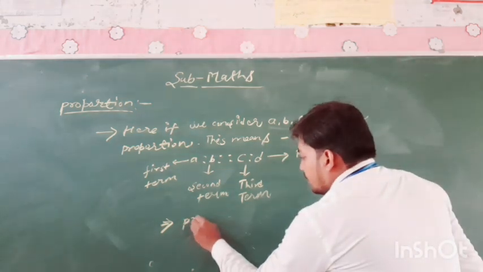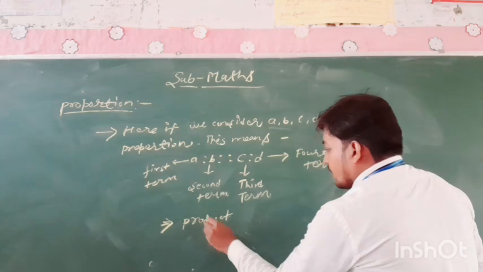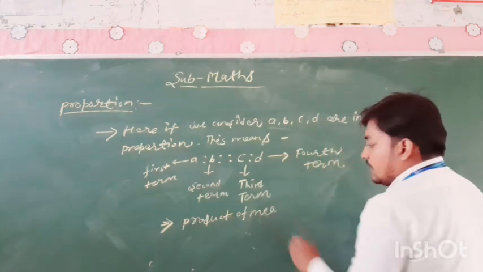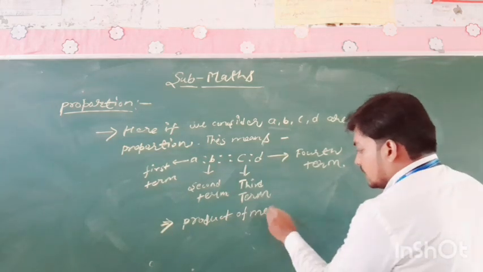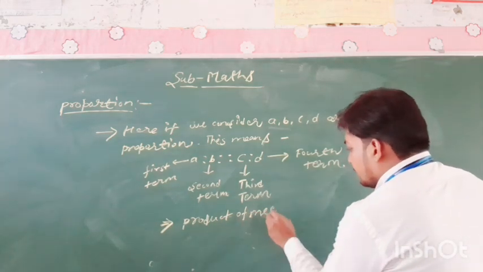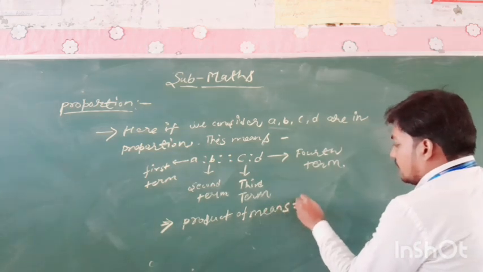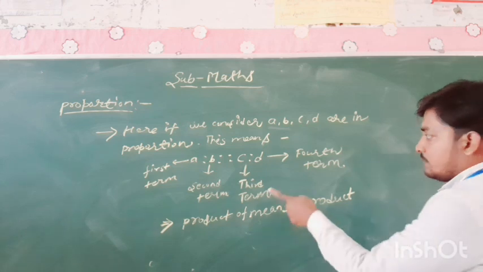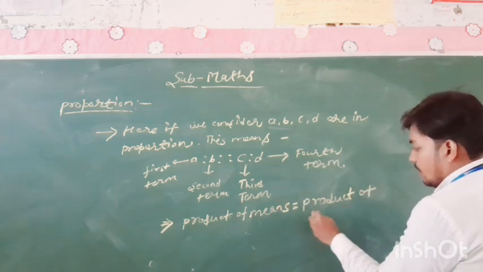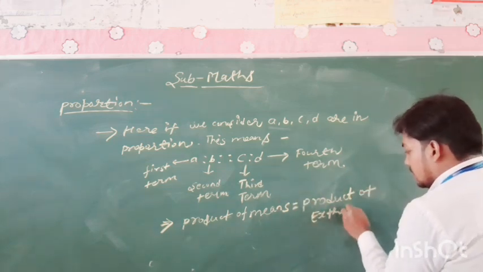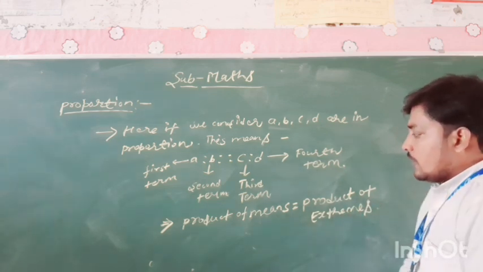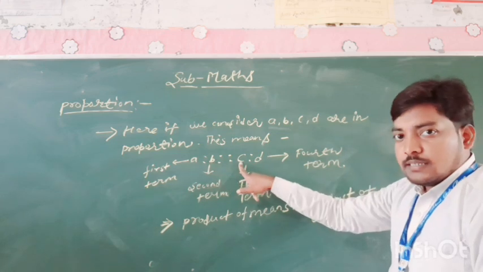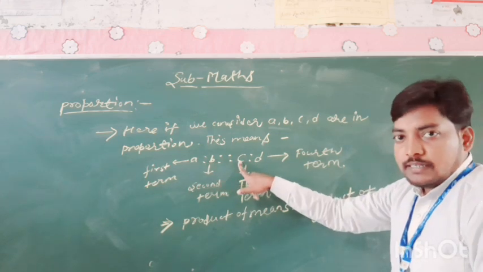So the product of means, the middle terms, is equal to the product of extremes. The product of means means the product of B and C, because B and C are middle terms.